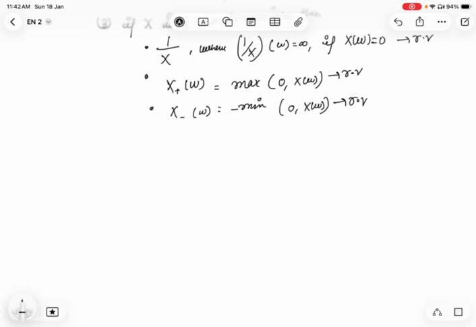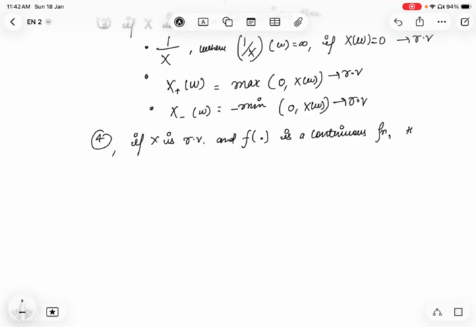Now two more important properties. If X is a random variable and f is a continuous function, and I suppose that you know about continuous functions, discontinuous functions, differentiability, then f(X) is a random variable.